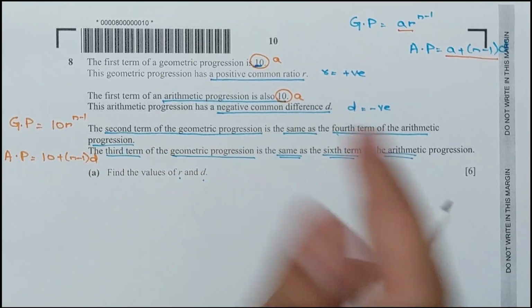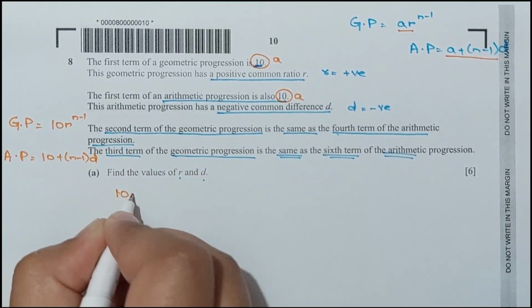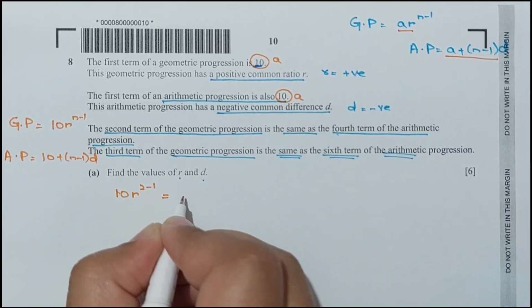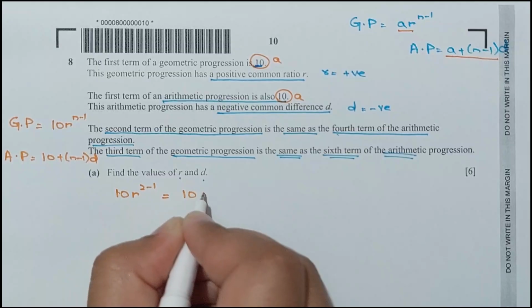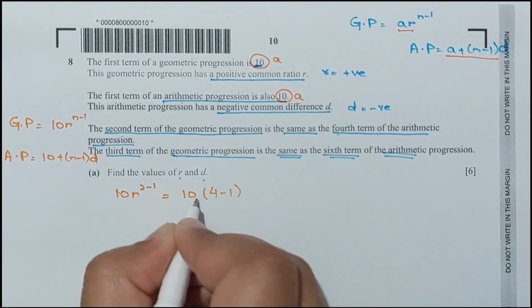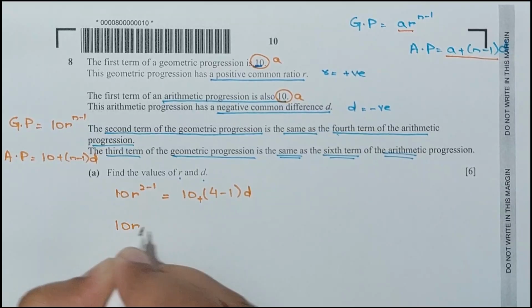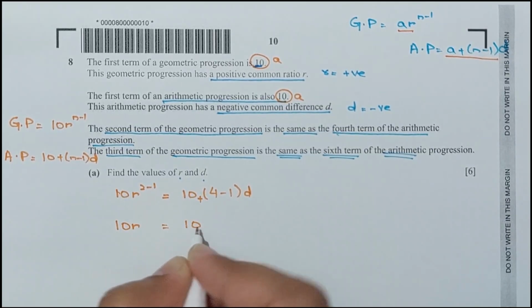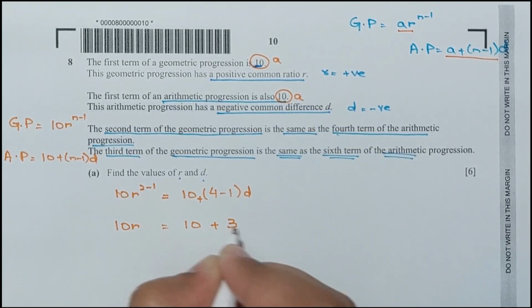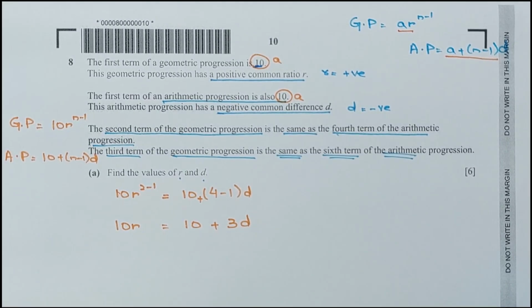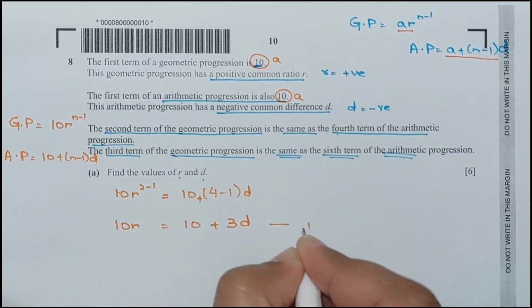The second term of the geometric progression is 10 r to the power 2 minus 1. This is equal to the fourth term of the arithmetic progression, 10 plus 4 minus 1 into d. So 10r equals 10 plus 3d. This is the equation in terms of r and d, 10r equals 10 plus 3d. This is my first equation.